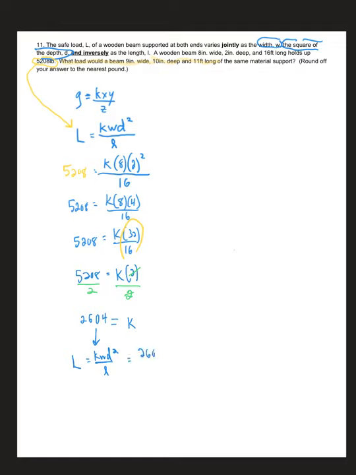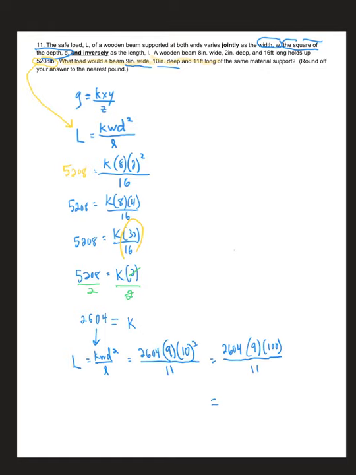So 2604 is k. The new width, they say 9 inches wide, 10 inches deep. Make sure to square that. And then 11 feet long. So 2604. Remember to square that 10. 10 squared is just 100.